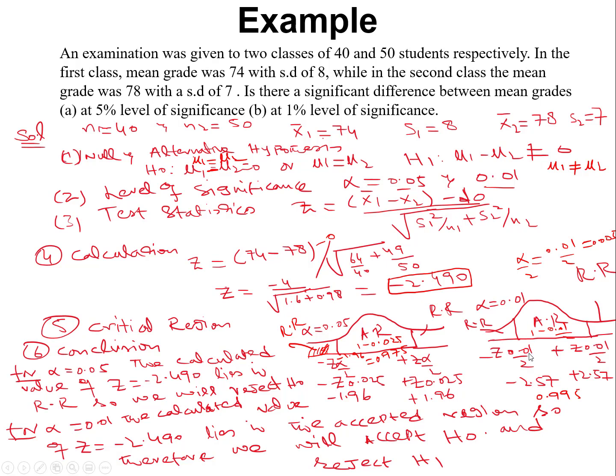Minus 2.490 will be lying in the accepted region, because your rejected region starts from minus 2.57 and plus 2.57, while this value is minus 2.490, which lies at this place. So for alpha 0.01, the calculated value of z, minus 2.490, lies in the accepted region. Therefore, we will accept H0 and reject H1.